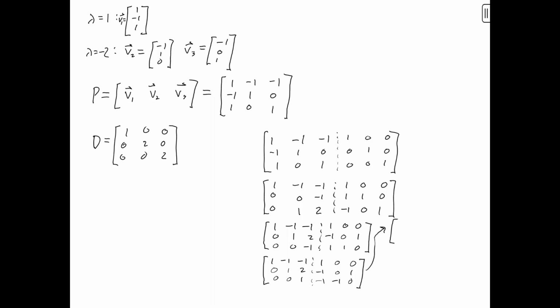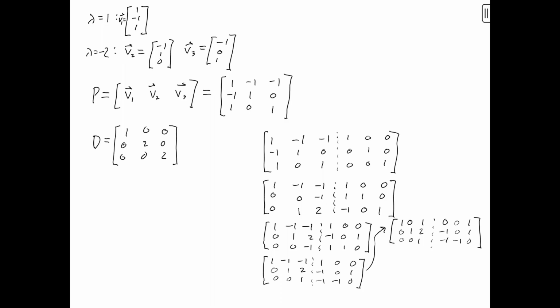Adding the second row to the first is going to give me 1, 0, 1, 0, 0, 1; 0, 1, 2, -1, 0, 1; 0, 0, 1, -1, -1, 0.